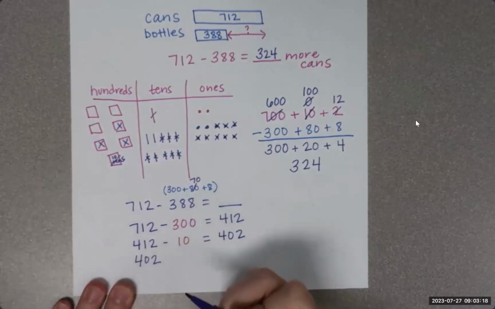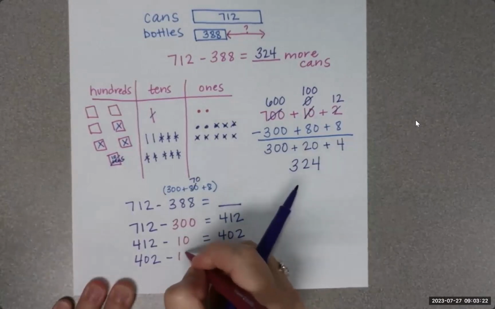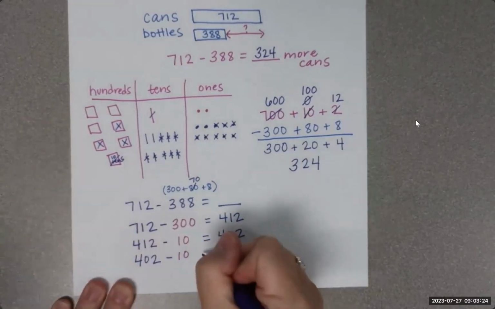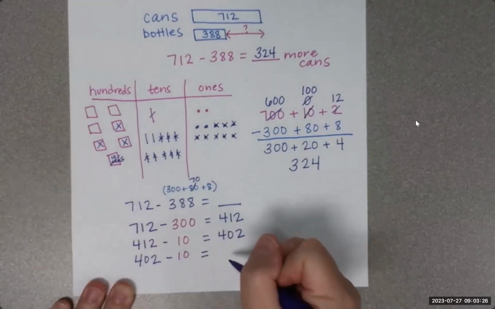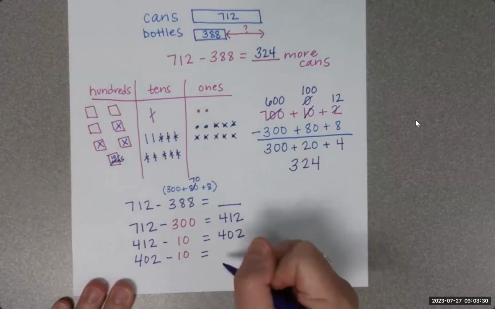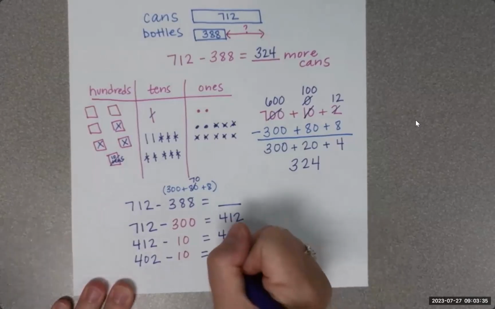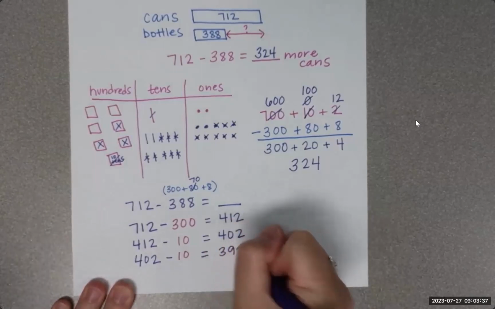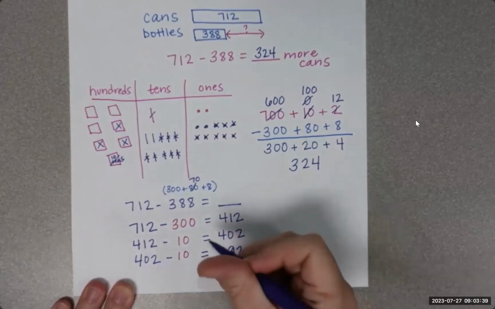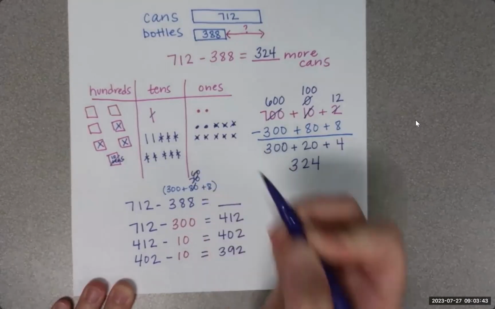And before I subtract any farther, let's maybe go ahead and take away another 10, because I want to take this nice and steady. And if I think of a number line here to help me with this piece, if I go back 10 on a number line, 402 minus 10, I'm going to be left at 392. Okay, so notice here I've taken away two 10s, so I'm now left with 60.